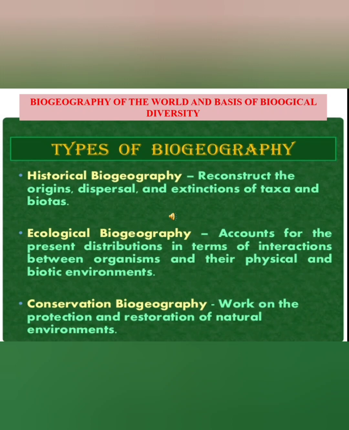Ecological biogeography accounts for the present distributions in terms of interactions between organisms and their physical and biotic environments. Conservation biogeography works on the protection and restoration of the natural environment.